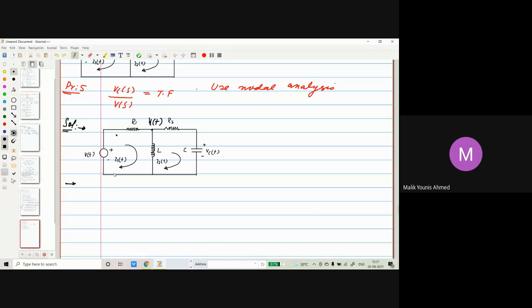Let us convert the network into Laplace transform for circuit variables and impedances.